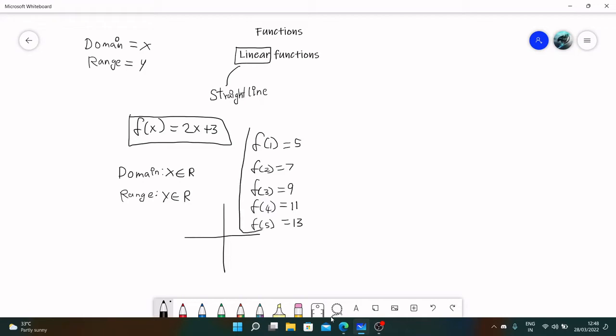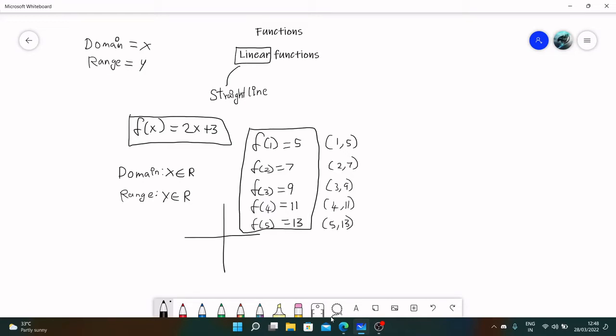These are 5 values that fall in this function. The coordinates for these values would be (1, 5), (2, 7), (3, 9), (4, 11), and (5, 13).